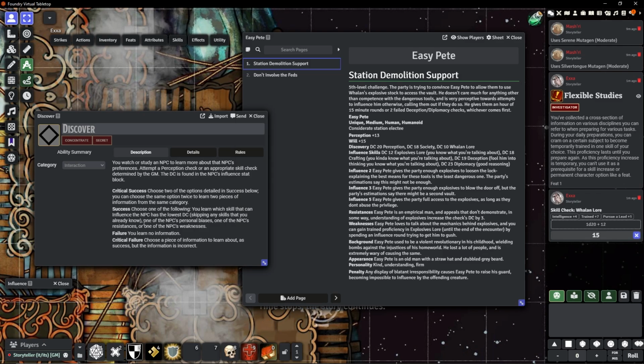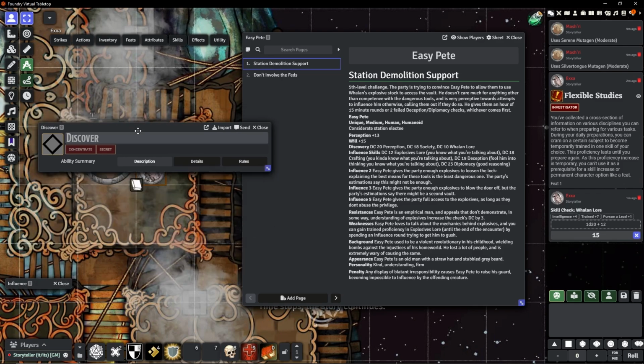Or Exxa could learn one of the NPC's personal biases, one of their resistances, or one of their weaknesses. In this case, personal biases would refer to the penalty listed at the bottom here, although, more or less, that can refer to any kind of special characteristic that you have assigned.